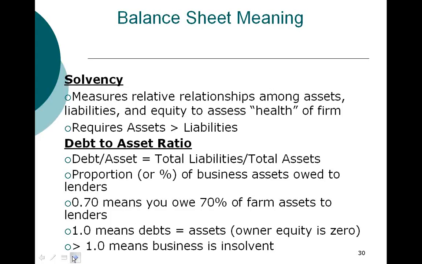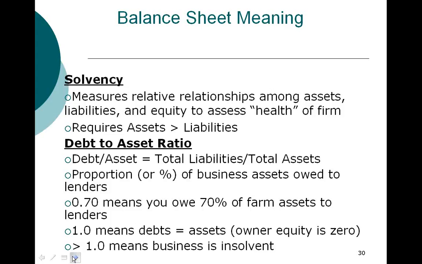The way I like to think of this is for every dollar of assets, it measures how many cents of liabilities there are. So if your debt to asset ratio is 0.7 or 70%, then for every dollar of assets, there's 70 cents of debt against those assets. If you have a 1, that means the debt's exactly equal to assets.